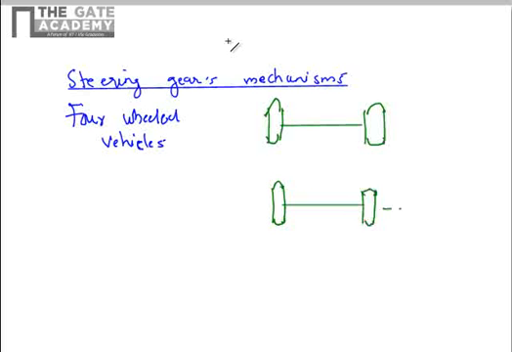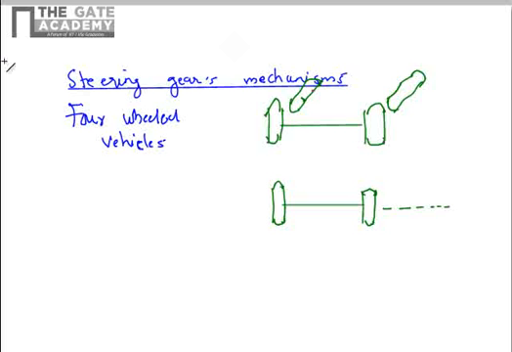So the condition for steering is that at any instant of time, when you are steering the vehicle, normally the front wheels will have an angular displacement. Because of that, the vehicle will turn.